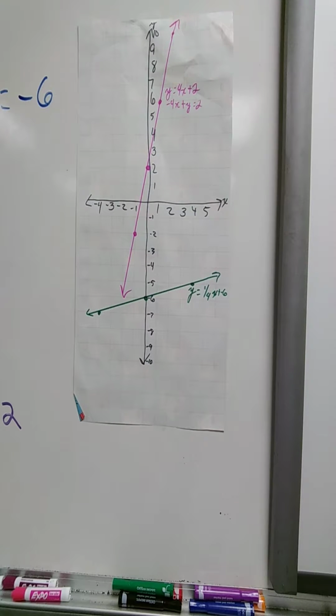If we have to compare two equations, it's a lot easier to have them in slope-intercept form so we can graph them. There are ways that we can solve besides graphing, and we'll get to those later. Okay?